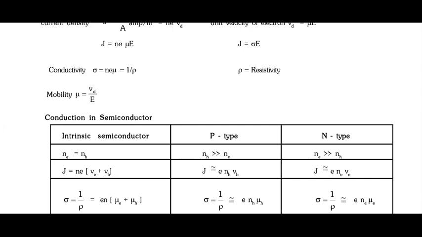So for intrinsic semiconductors, the total current density will be due to free electrons as well as holes. And mobility will be the net sum of mobility of both electrons and holes. So conductivity will also be given as e n (mu e plus mu h). Everyone is getting this very simple concept because we will be using these formulas.